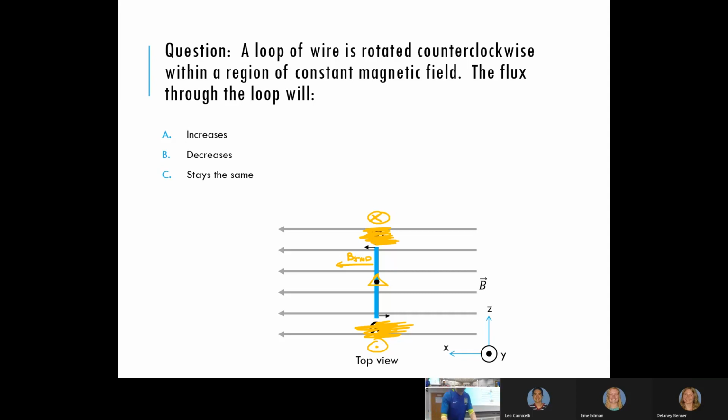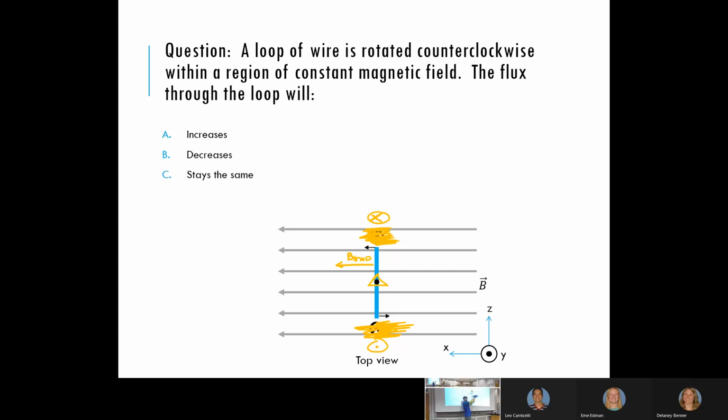Now we can imagine for a second, as this thing rotates, keeps rotating, the induced field is going to keep trying to get an induced field this way. Eventually it goes here. No flux.